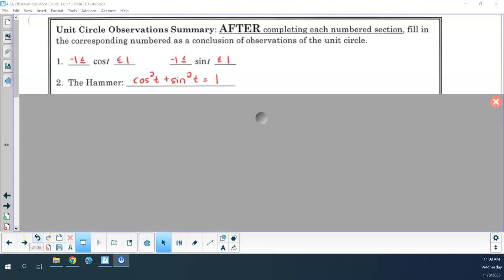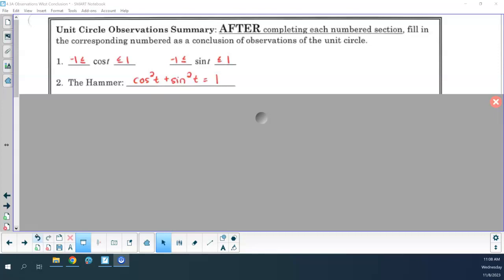Then third thing, what was the third thing? Was that the positivities of the sines and the cosines, or is that number 4? Positivities, okay? So then you should have learned that on the unit circle, sine, I always go sine first, I don't know why. Cosine is positive on the right half of the unit circle, which would be quadrant number 1 and quadrant number 4.